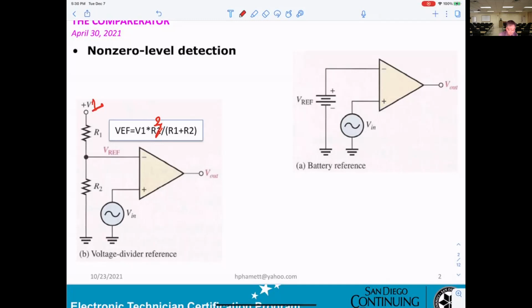So now they are not compared to ground like the other one. They compare to a certain voltage. That means we call it a V reference.